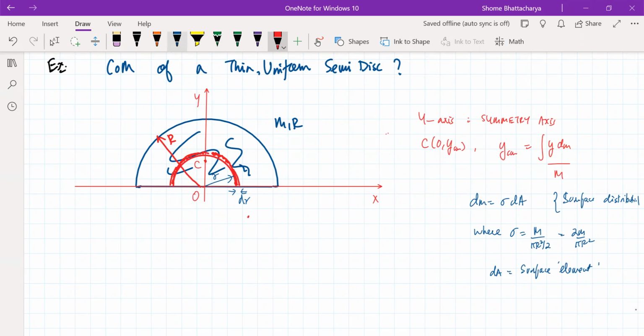Now this element is a thin semicircular arc. It has radius small r and thickness dr. So can you tell me how much its area will be? Like that small red shaded area, how much that should be?